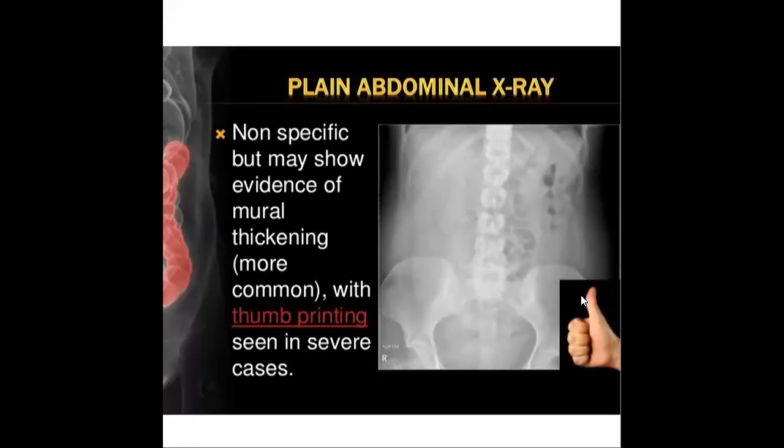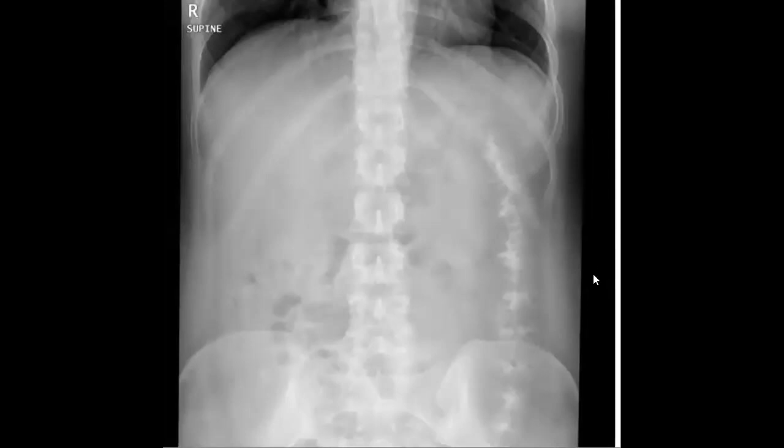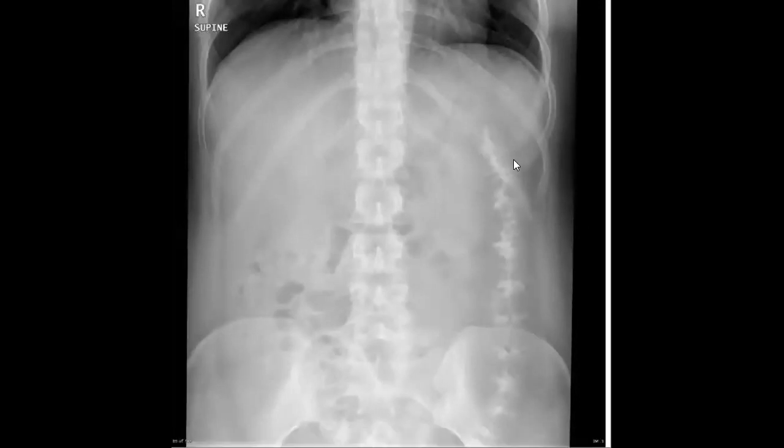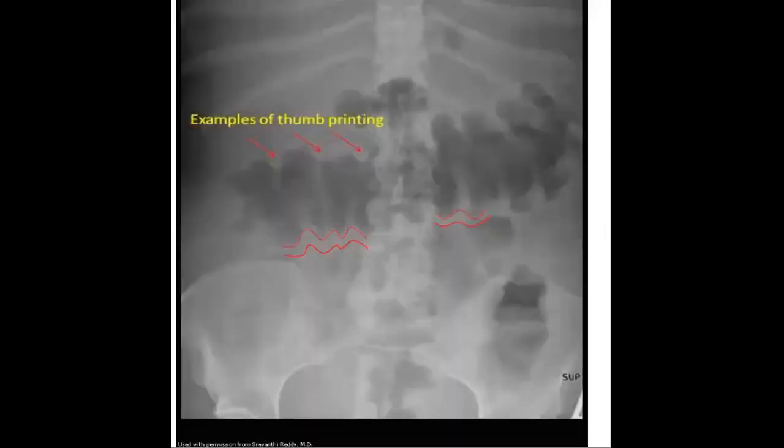Thumb printing. From outside, this patient have contrast. So you have many examples of thumb printing and how you check for colitis.